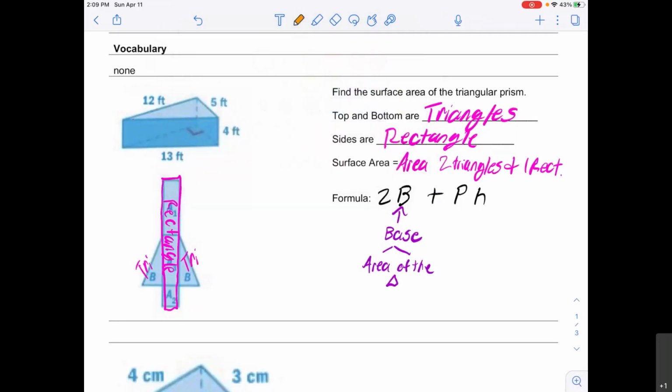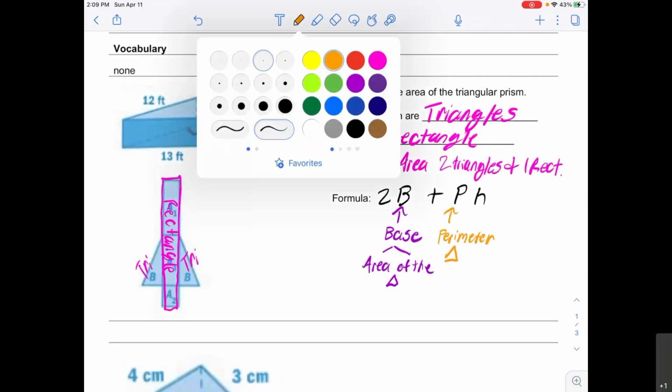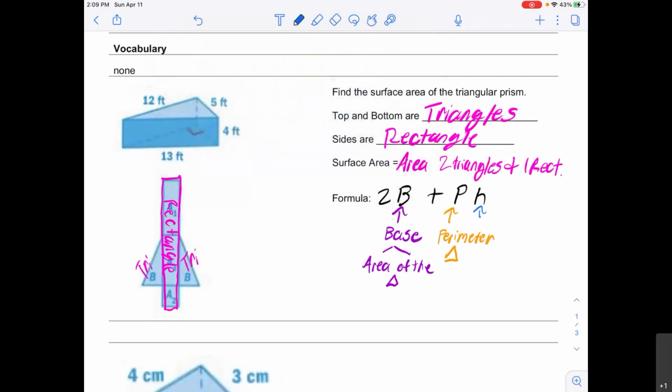The P stands for the perimeter of the triangle. And then H just stands for the height of the prism, which is the height of the rectangle.